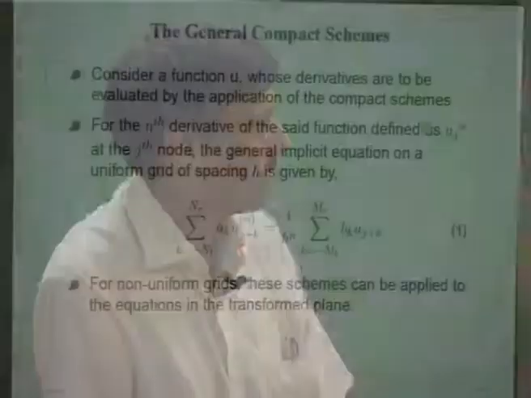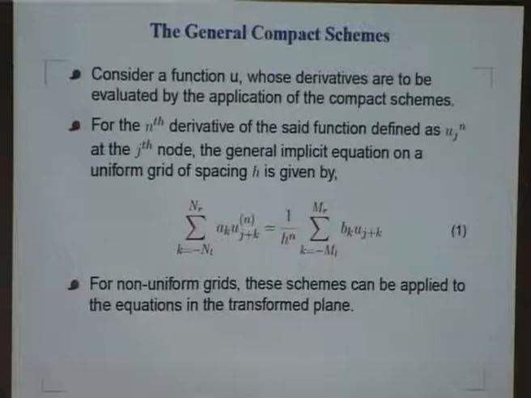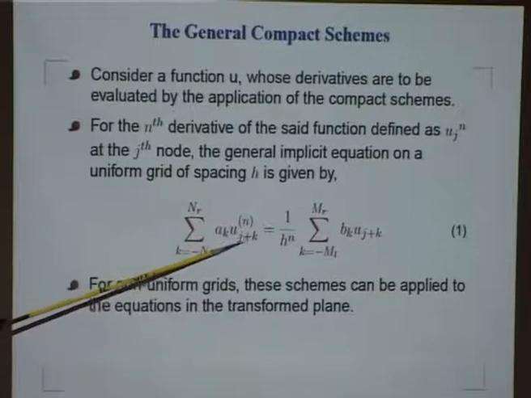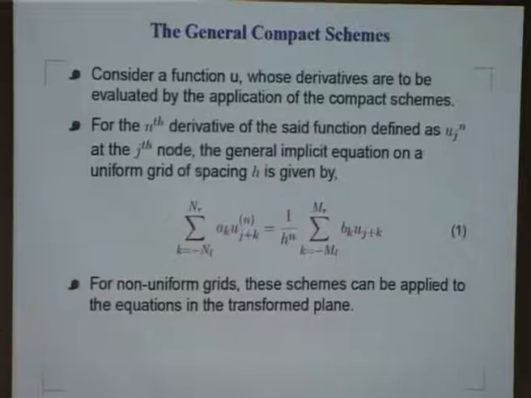Essentially, these compact schemes are implicit in the sense that they relate the derivative with the function in an implicit manner, as shown here in equation 1. For example, let's say we are trying to derive this nth derivative, which is shown here on the left hand side with the superscript within the bracket to indicate the order of the derivative.